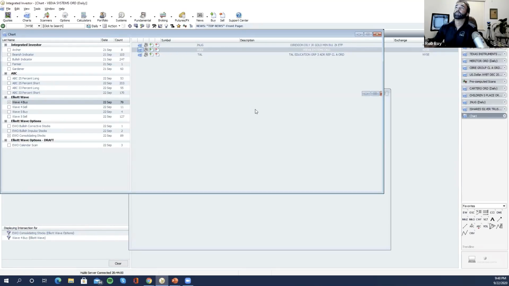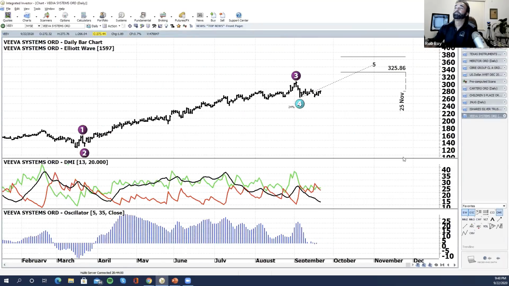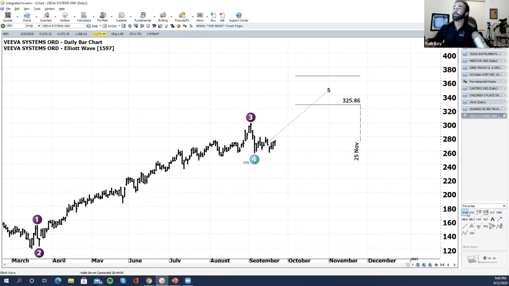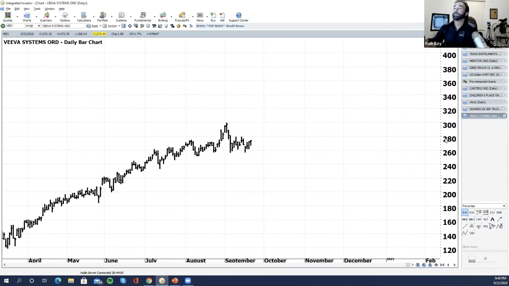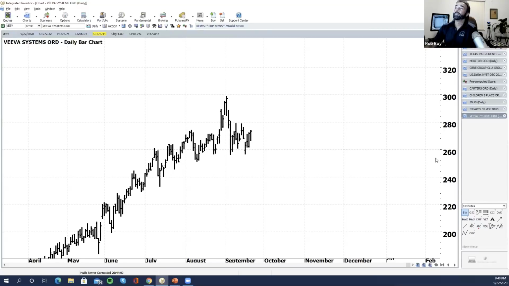JNUG, VEEV systems. Not familiar. Not a bad pattern, just not a big enough triangle though. You see that there.